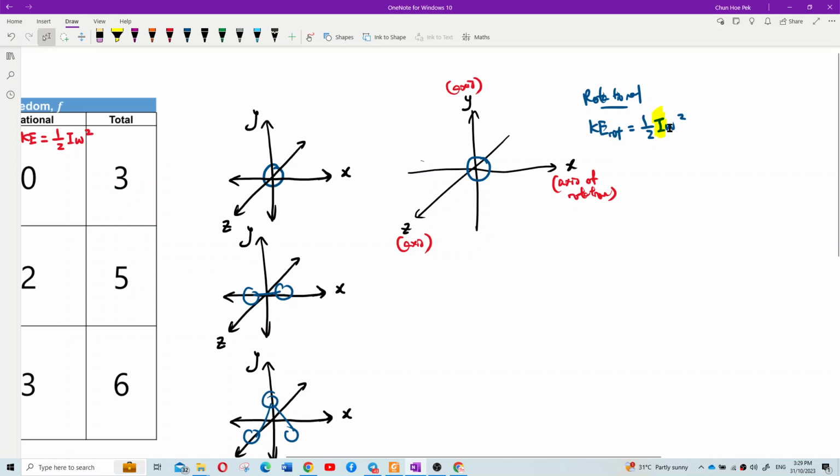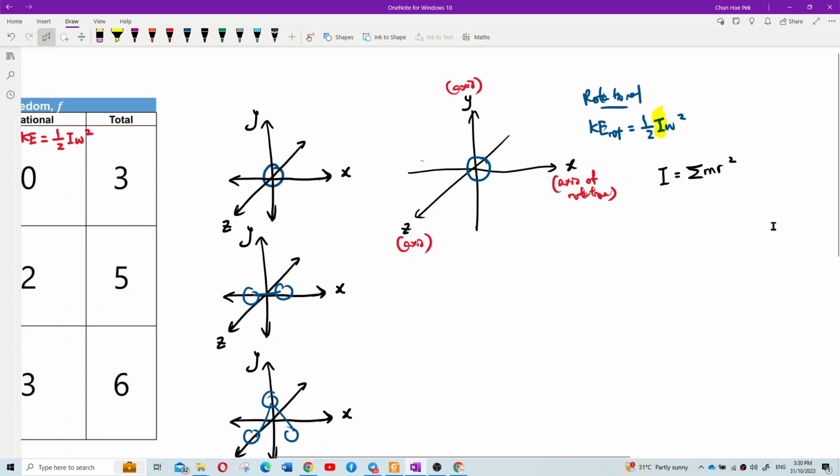So moment of inertia. What is the formula of moment of inertia? Total mr square, if you still remember about the rotation of a rigid body. If the mass is at the axis of rotation, like monoatomic gas, the mass is at the axis of rotation.